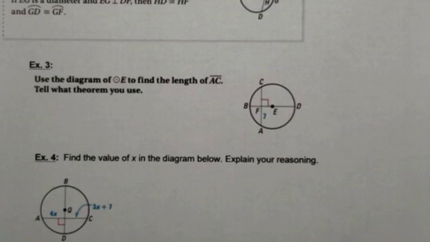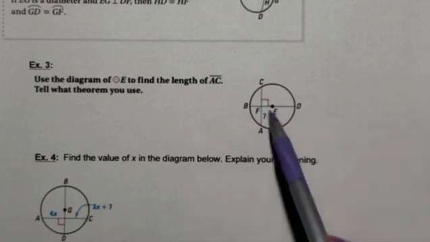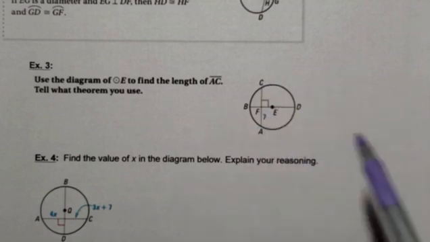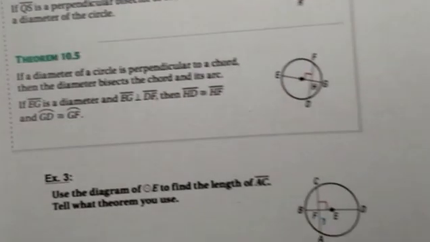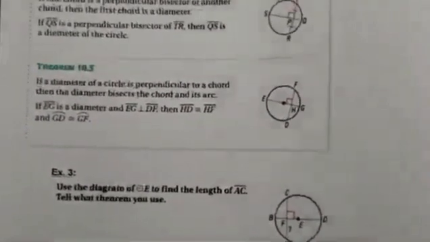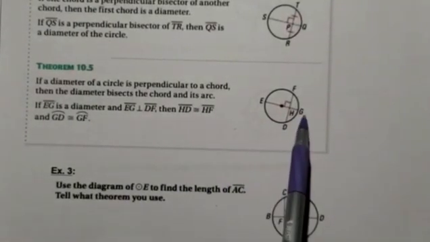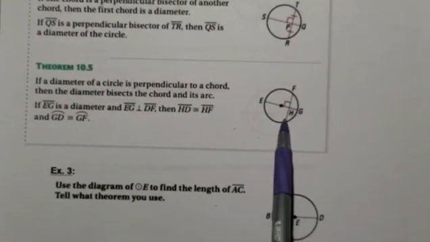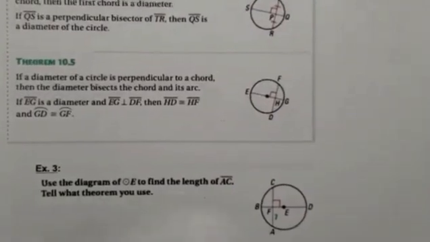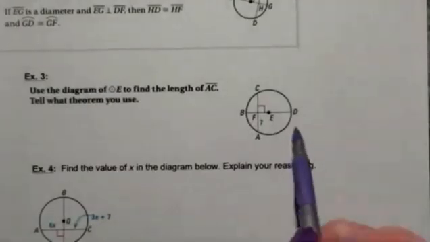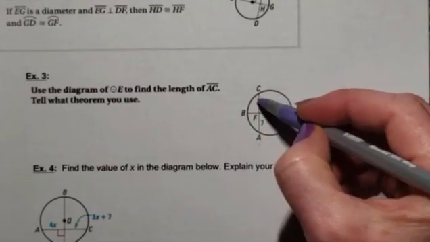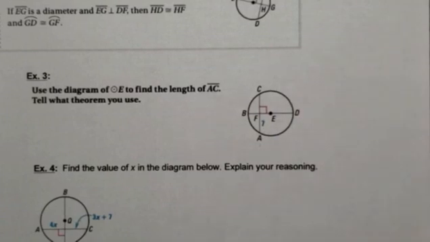Okay, so let's use the last two theorems that we looked at to do examples 3 through 5. So in example 3, we need to use the diagram of circle E to find the length of AC. Well, according to theorem 10.5, if a diameter of a circle is perpendicular to a chord, then it bisects that chord. So this diameter is perpendicular to the chord, so this chord is bisected.